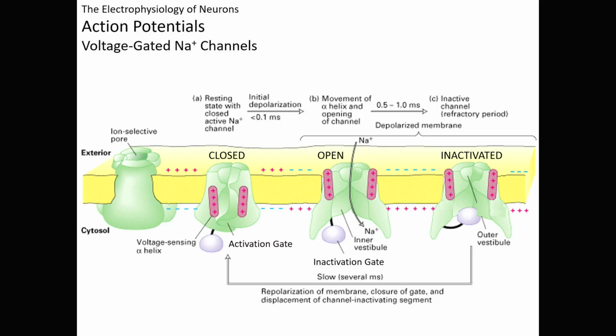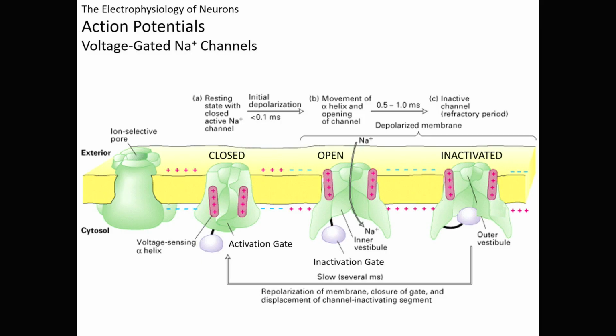Now, what keeps them closed in response to being below the threshold potential? Well, notice here that within the structure of these channels, you have these voltage-sensing alpha helices, these pink structures here. You'll notice that they are very highly positively charged. There are lots of positively charged amino acid residues that make up the voltage-sensing alpha helices.